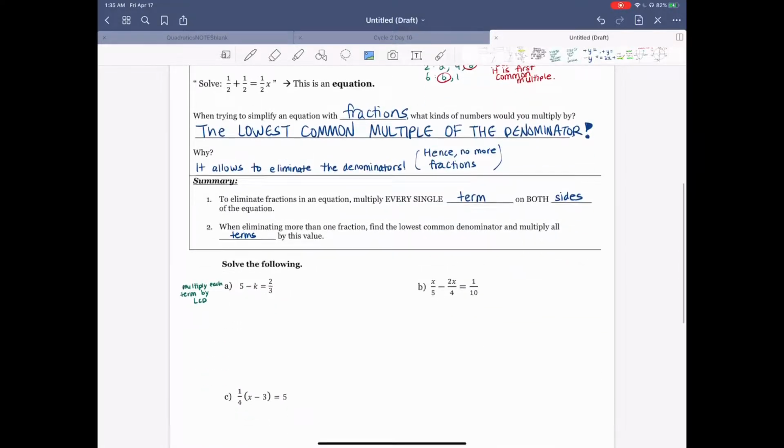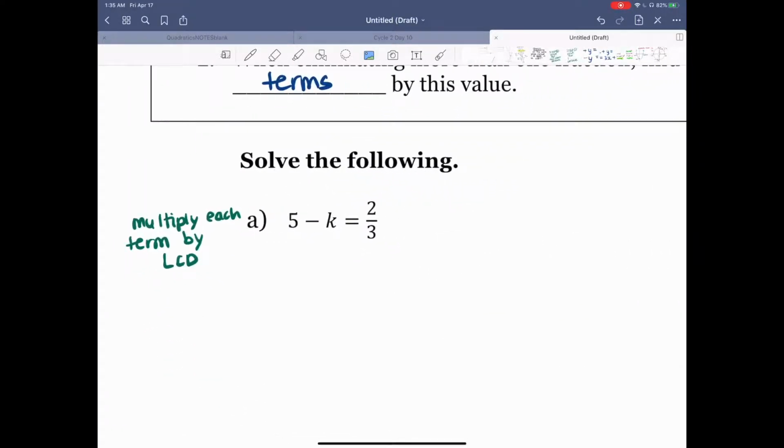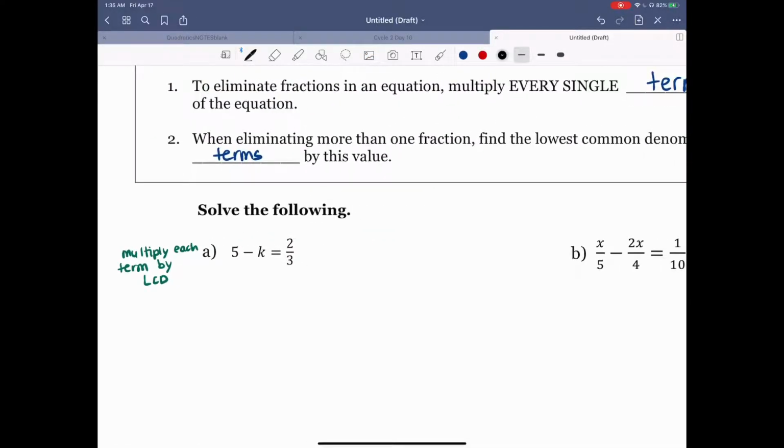So I'm going to do a couple of questions. First, 5 minus k equals 2 over 3. So question A. According to the steps, it says multiply each term by the LCD.